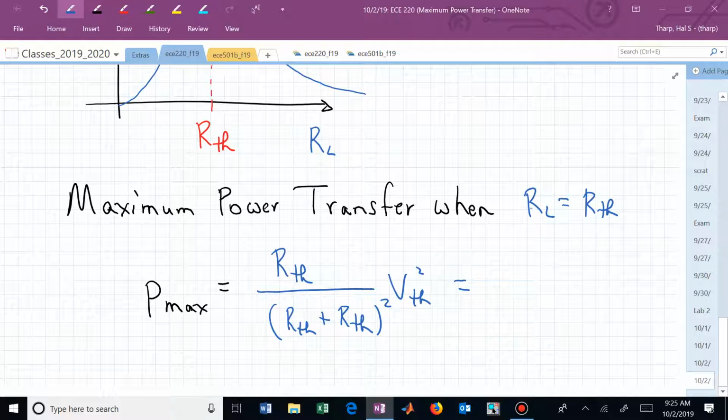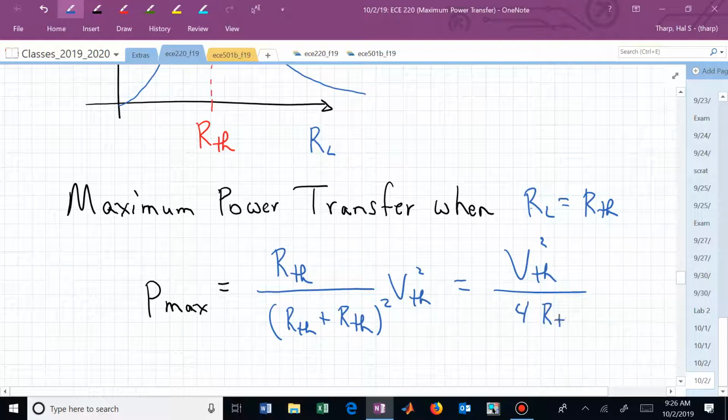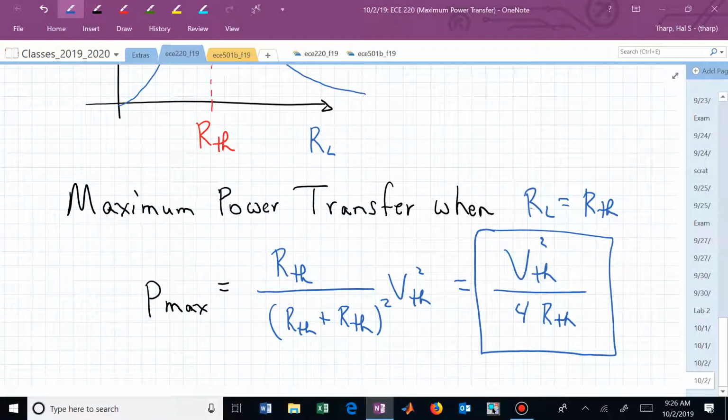We have 4 R Thevenin squared downstairs. We have R Thevenin upstairs. One of those R Thevenins can cancel, and we're left with, at this maximum power condition, we could compute it by simply taking the Thevenin voltage, squaring it, and dividing by 4 times the Thevenin resistance.